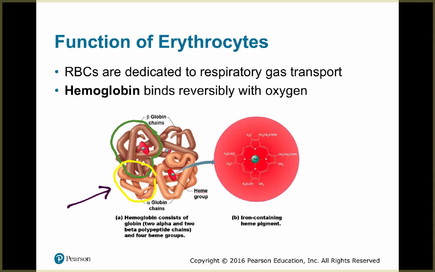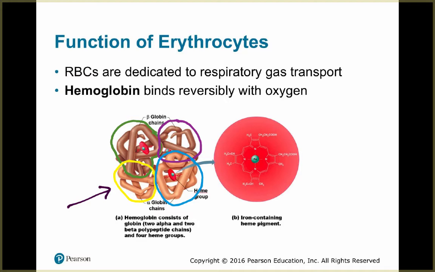Here is another right down here. Here's the third. And here's the fourth. So there are 4 of these polypeptide chains, and polypeptide chains are just protein chains, right?